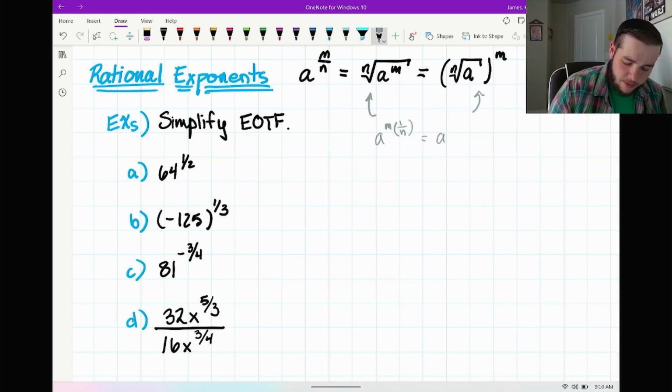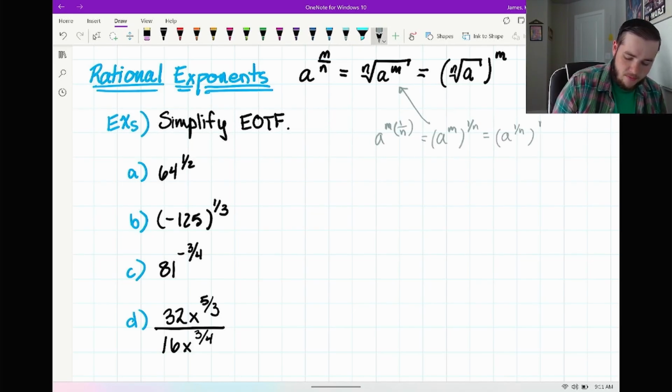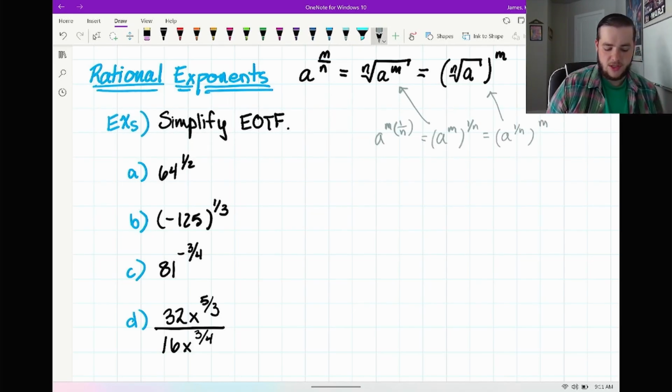So using that property in reverse, I could write this as a to the m all to the 1 over n power, which is this guy. Or I could write it as a to the 1 over n all to the m power, which is this guy. So those two on the right are definitely the same.